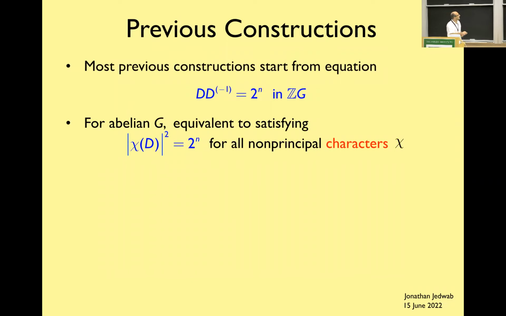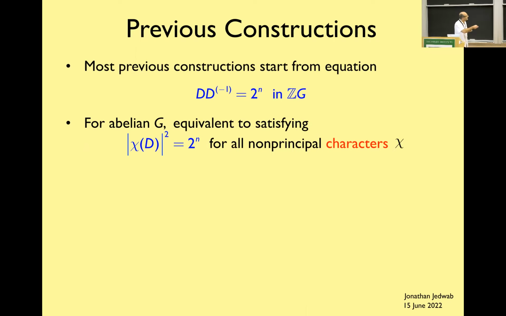If you apply a character, a homomorphism to the complex roots of unity, to both sides of this equation, then on the left you get the character acting on all the elements of D. Then the character applied to D to the -1 is the complex conjugate of that first thing. So you multiply a number by its own complex conjugate and you get this character sum magnitude squared.